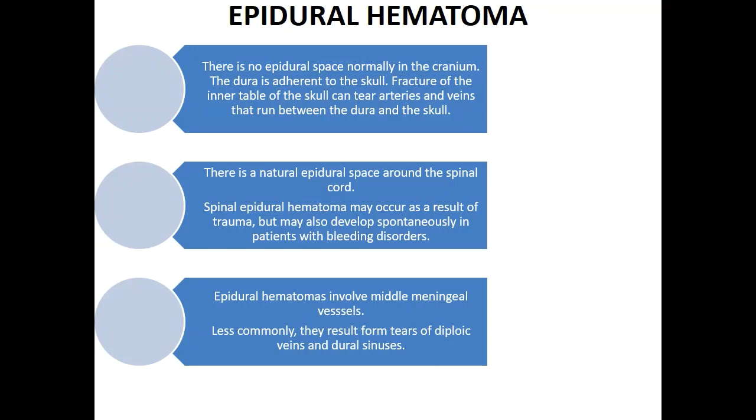However, it must be noted that there is a natural epidural space around the spinal cord. Therefore, a spinal epidural hematoma may occur as a result of trauma, but may also develop spontaneously in patients with bleeding disorders. Epidural hematoma characteristically involves the middle meningeal vessels.